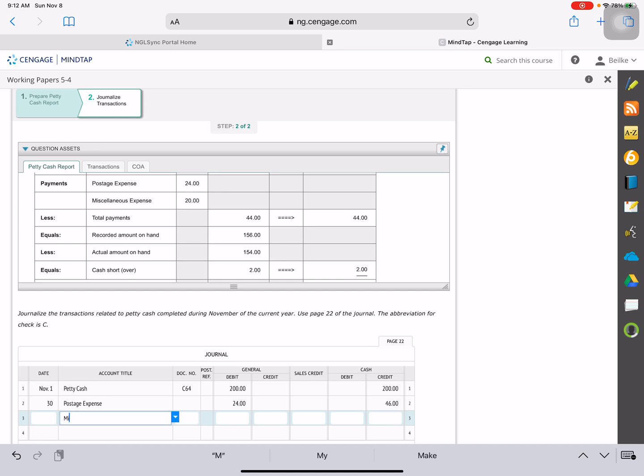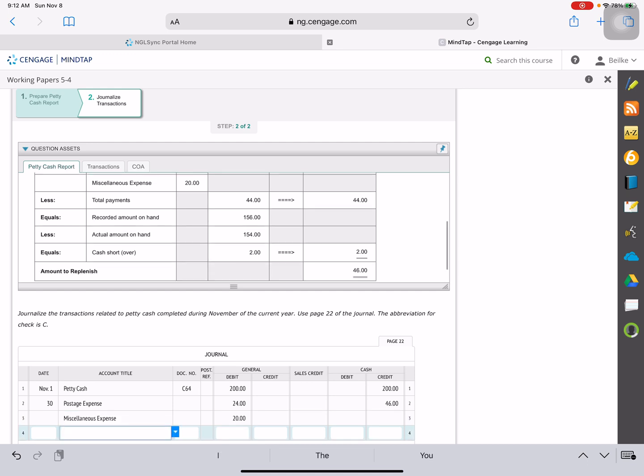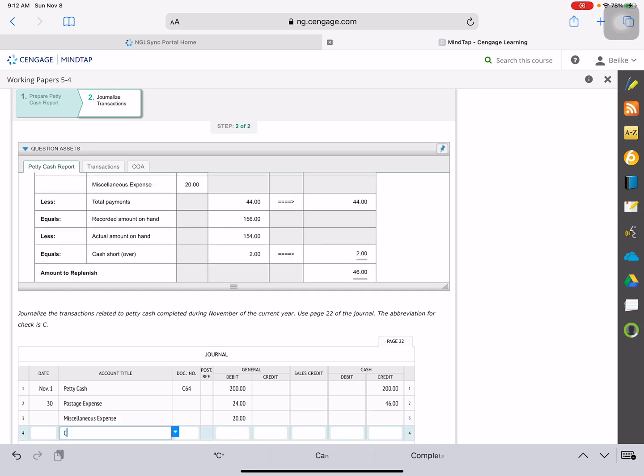Our miscellaneous expense is $20. And we also have a cash short. So our cash short and over account, it's going to be debited because it is short, is $2.